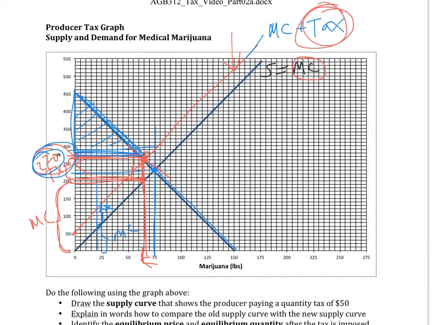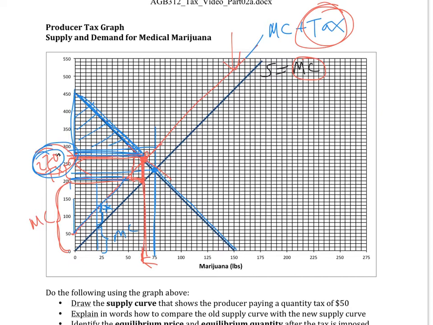And then we have the producer surplus. Again, it's the price received by producers. Because of this tax issue, there's a divergence between the price paid by consumers and the price received by producers. So the price received by producers is about 200.